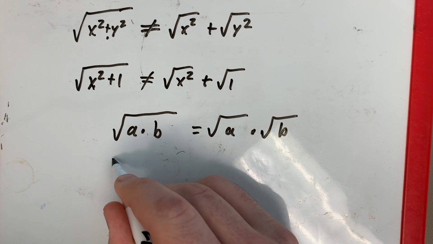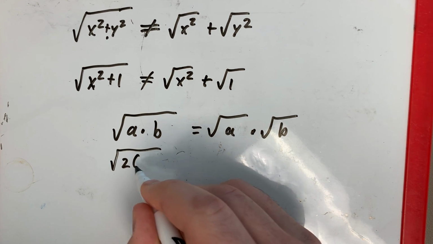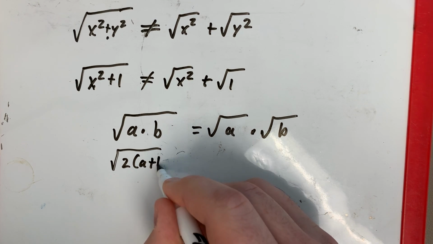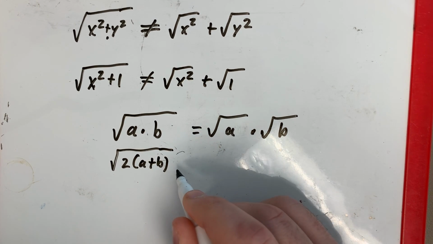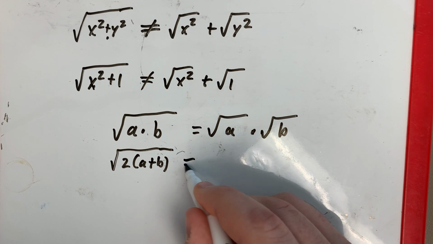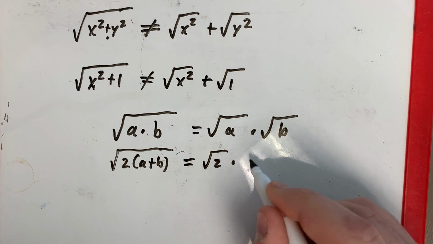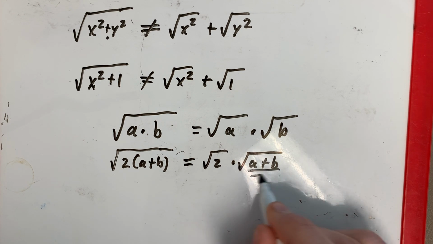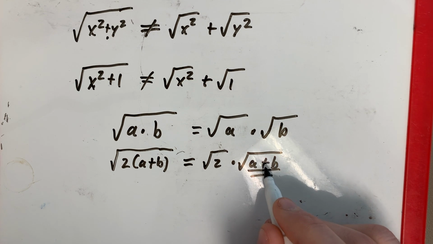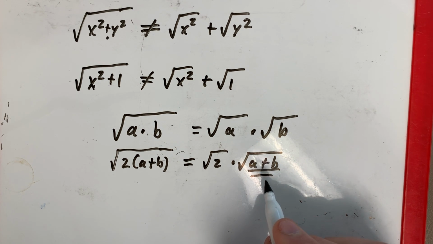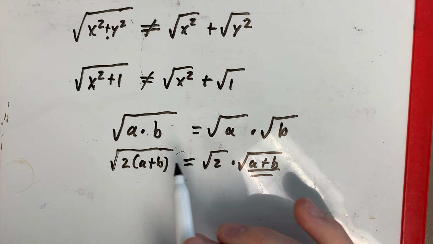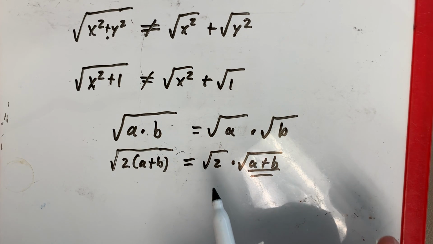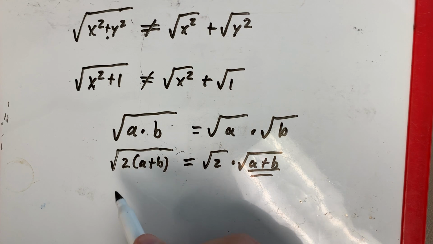Similarly, if I had 2 times (a plus b), whatever your a plus b is, this is equal to the square root of 2 times the square root of a plus b. However, when you get to the point where you only have addition or subtraction left inside your radical, this is completely simplified. So, to reiterate, you can only distribute a radical over multiplication and division.